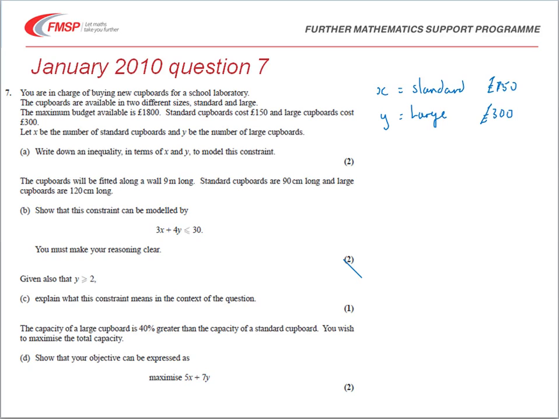We then have another thing to consider: the capacity of a large cupboard is 40% greater than the capacity of the standard cupboard. And that's the thing that we want to maximize. So here our profit is the capacity of the cupboards. And we need to show that your objective can be expressed as maximizing 5x plus 7y.